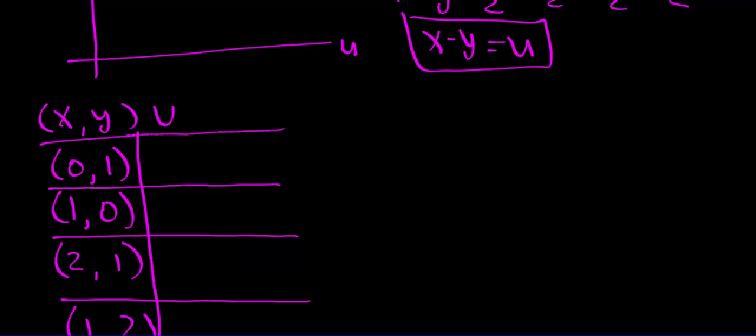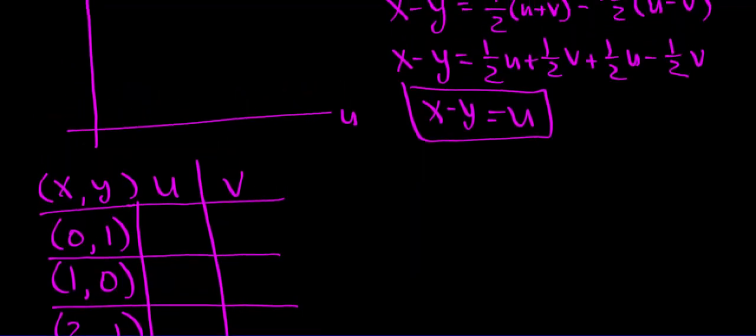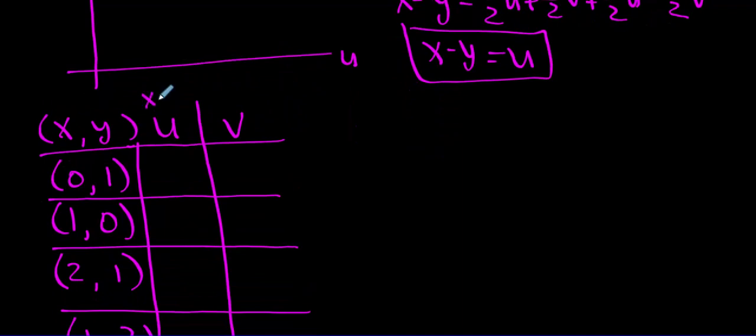Now I want to get a u, and I want to get a v. So I'm trying to get the corresponding points on the uv axis. Remember, u is x minus y, and v is x plus y. Now, this is exactly the way it goes when we're changing bounds of integration in single variable, but now we have two things.